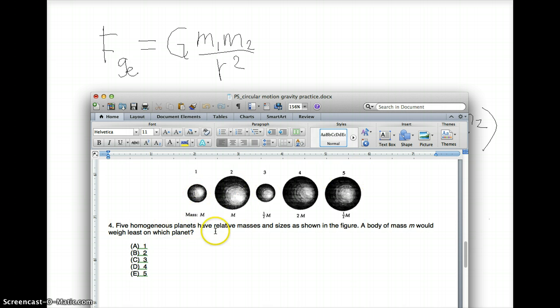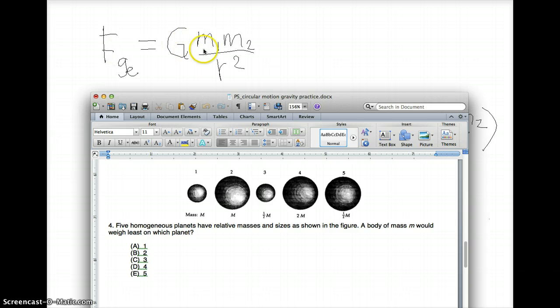So we imagine this body m existing somewhere on the surface of one of these planets, and they mention that it's homogeneous planets, so we don't have to worry about the densities being different. It's equally dense everywhere. If we decrease the mass, like in this planet, planet 3, by taking half of the original amount, then what's that going to do to the force of gravity on that planet?